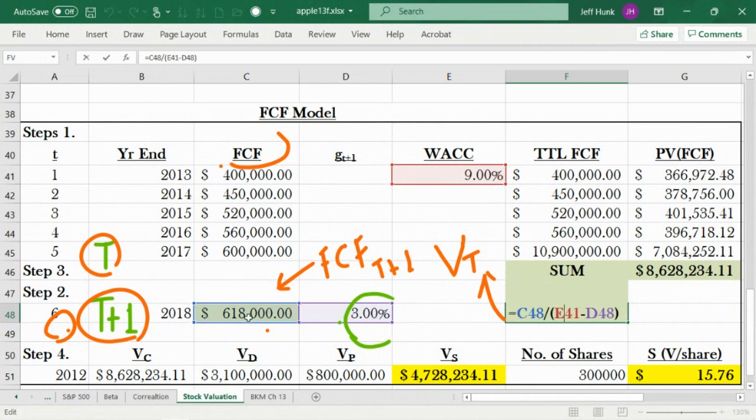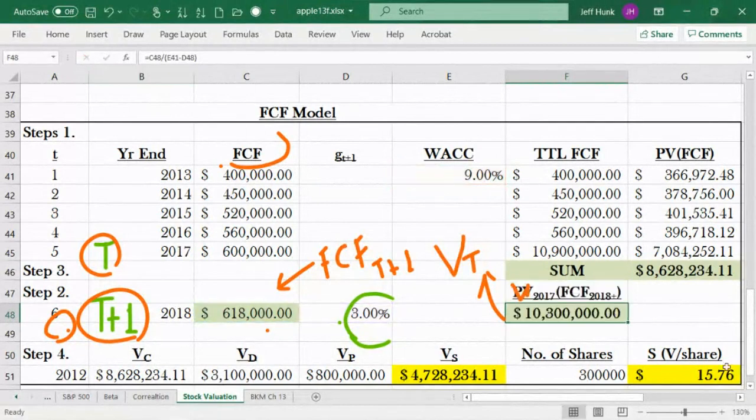C48 is basically this, and then E41 is the weighted average cost of capital minus growth rate, E48. And then that's the value of the firm, which is the value of all the total cash flow as of the end of 2017. In other words, as of time t.